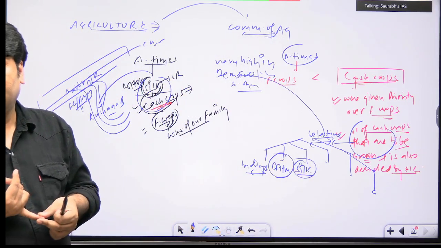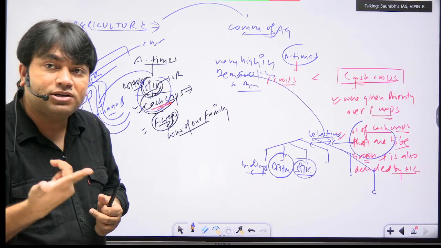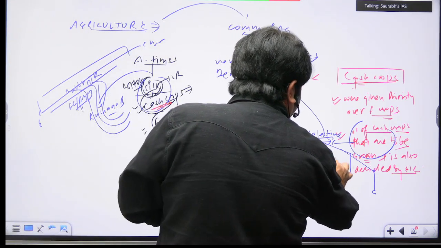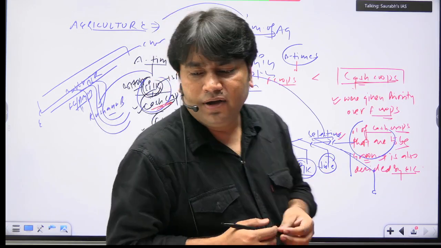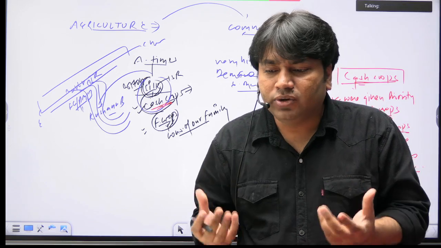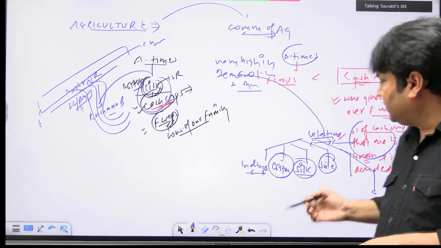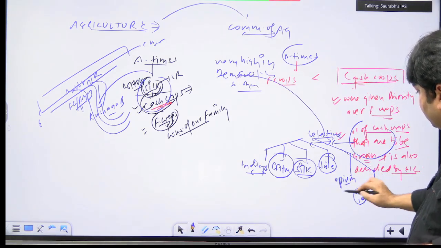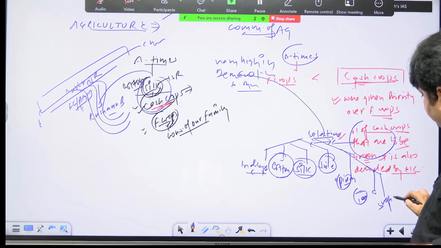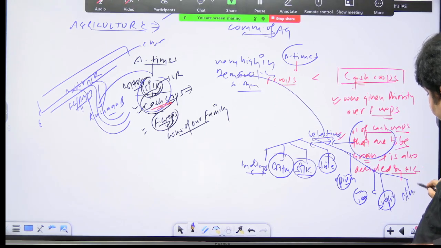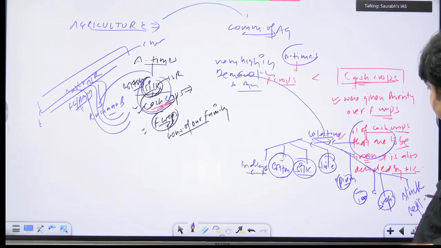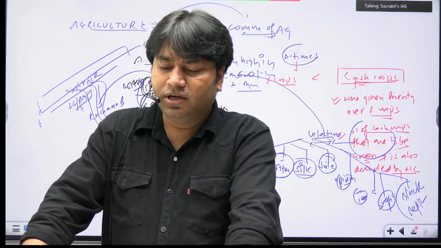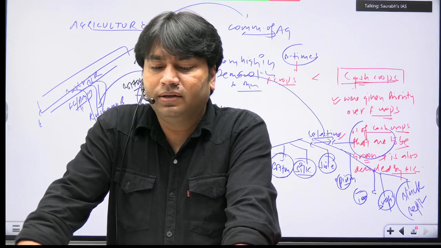Jute will also come. All this will support the industrial revolution. Then opium, tea, sugar, black pepper, and other commodities. So there are many such raw materials, cash crops, being produced in India.